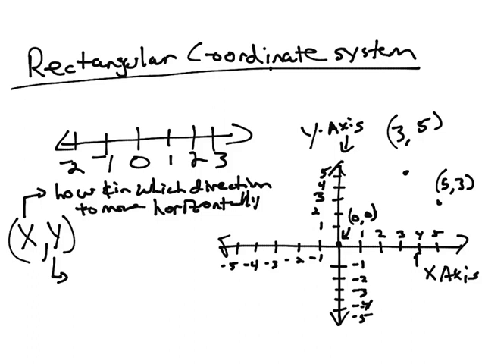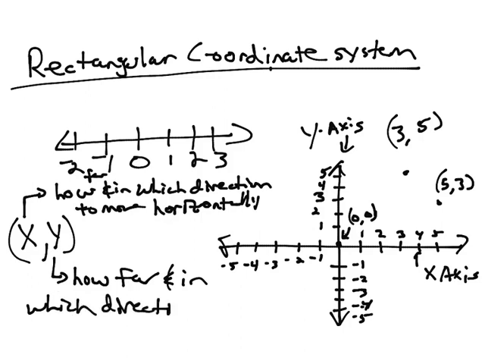And so if we want to plot points, we have to tell the person how far to go and in which direction to move in both the horizontal and the vertical direction. The second number is the y-coordinate, and it tells us how far and in which direction to move vertically.